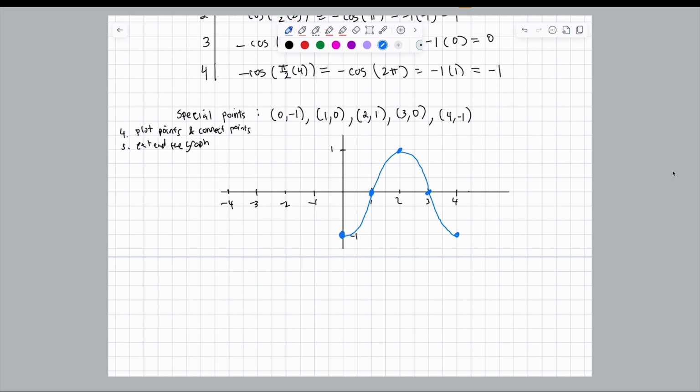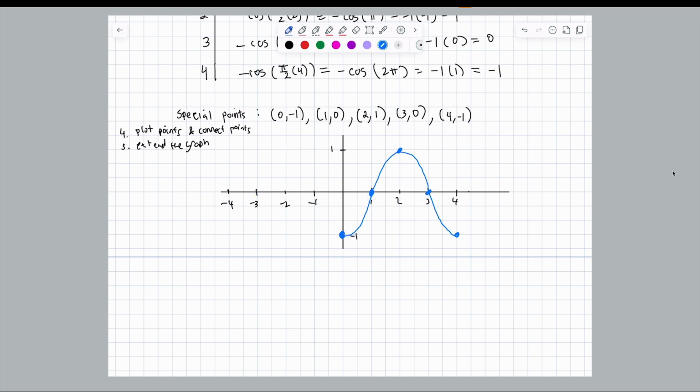Likewise, we extend it to the other side, so we can see that this point here would be positioned here because that's a length of the period. This point here would be positioned there, and this point here will go there, and so forth.